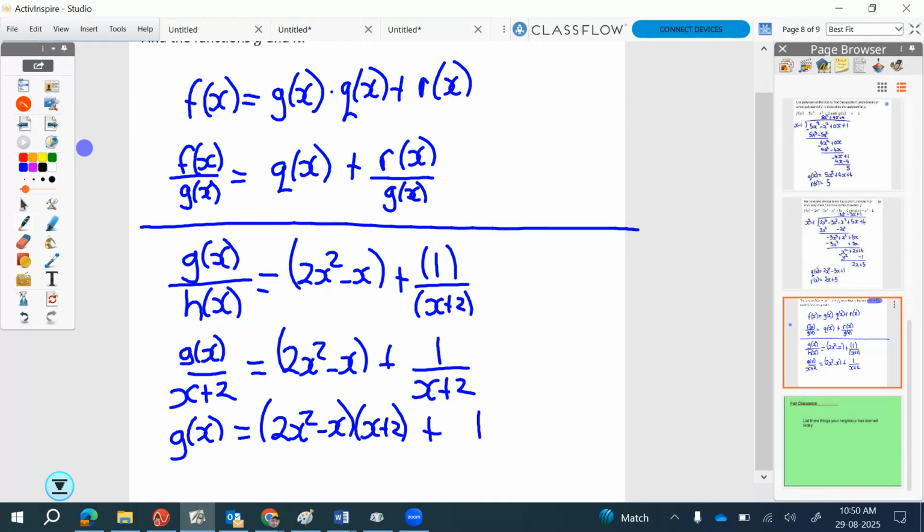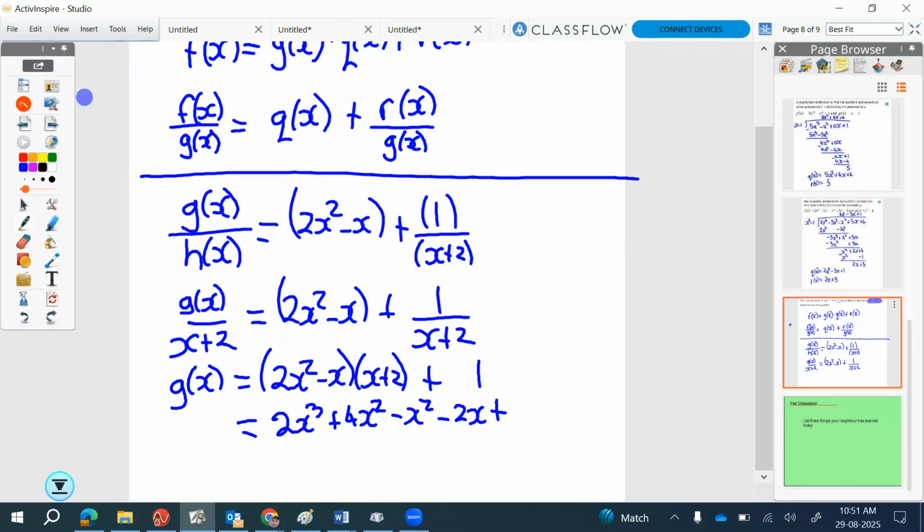We're going to have to expand and simplify to give a correct answer. So 2x squared times x would give 2x cubed. 2x squared times 2, 4x squared, minus x times x, minus x squared, minus x times 2, minus 2x, plus 1.